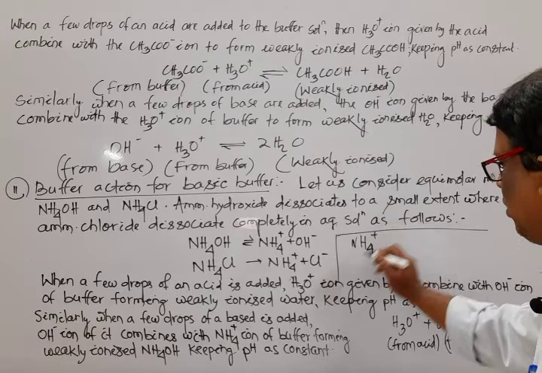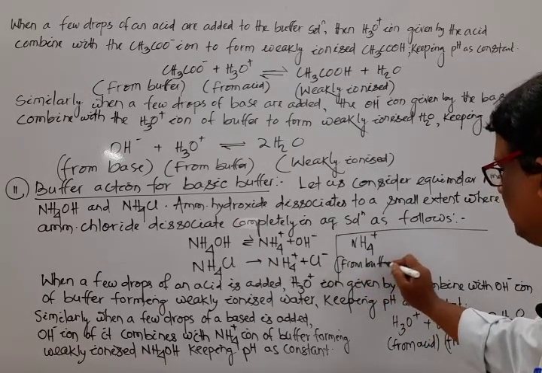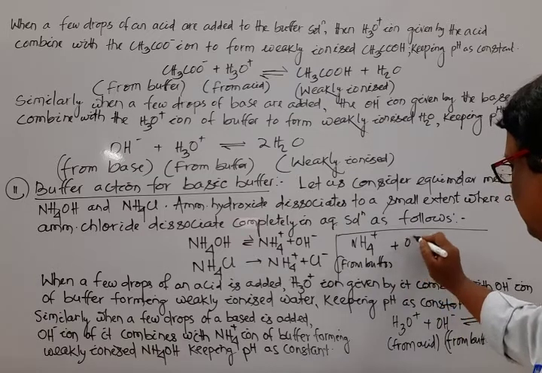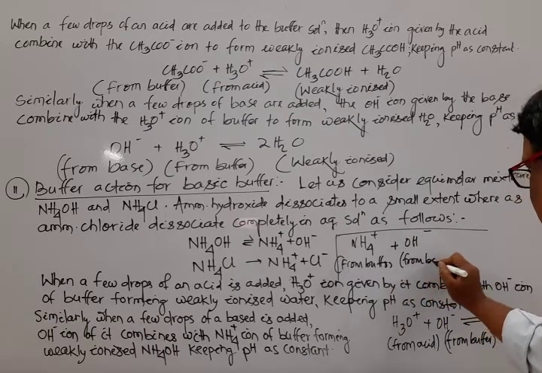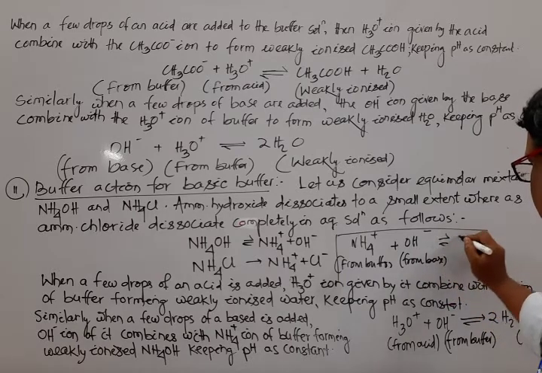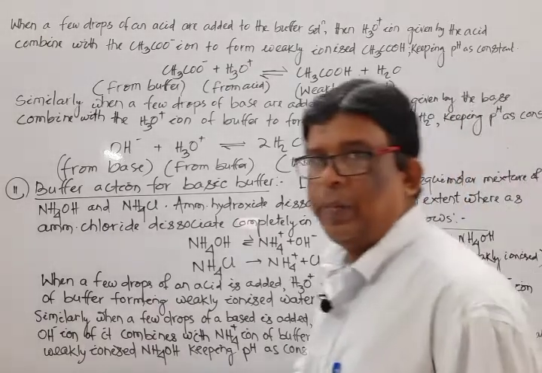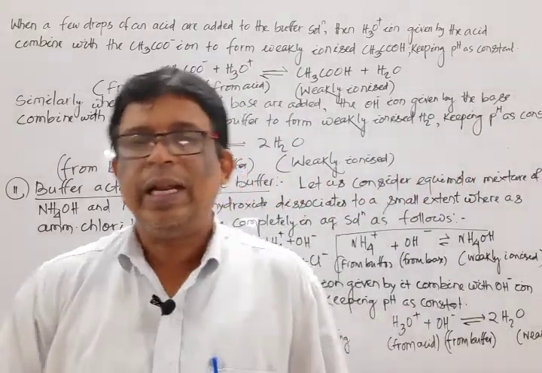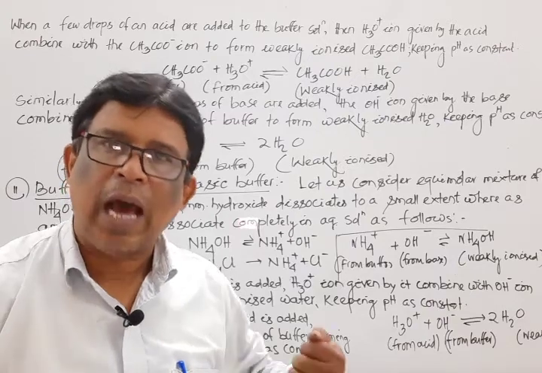NH4 plus ion from the buffer combines with OH minus ion from the base, forming weakly ionized ammonium hydroxide, keeping pH constant. It is known as the buffer capacity or buffer action.